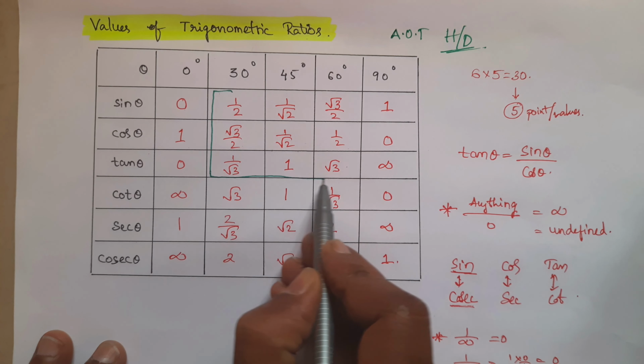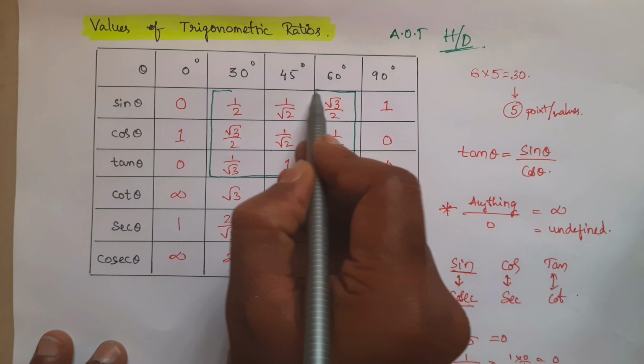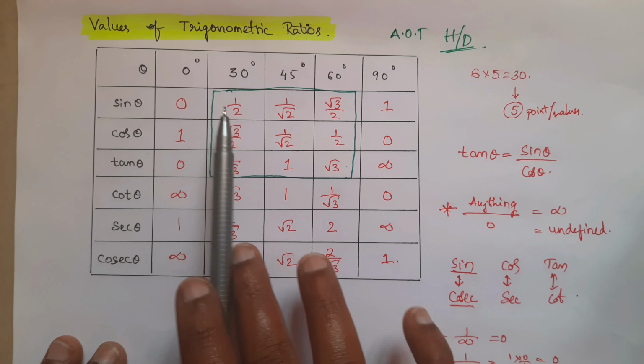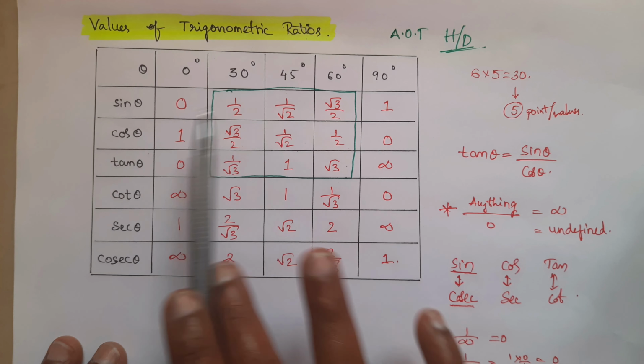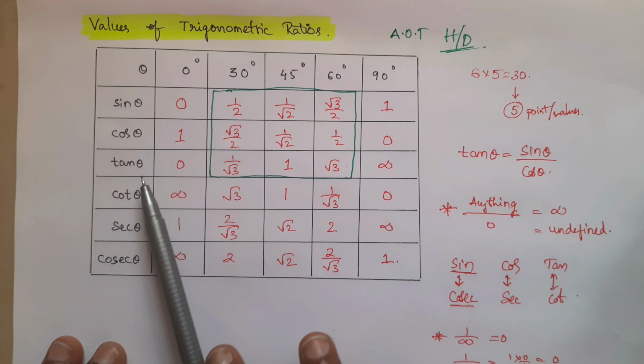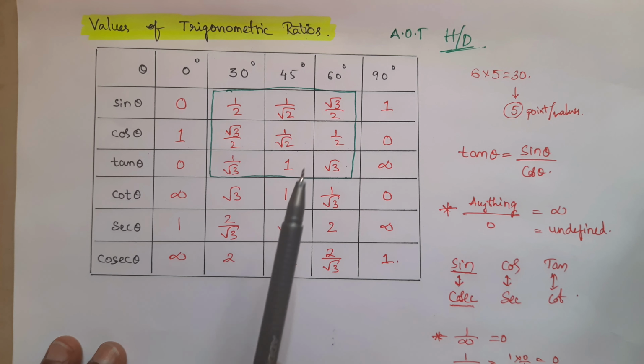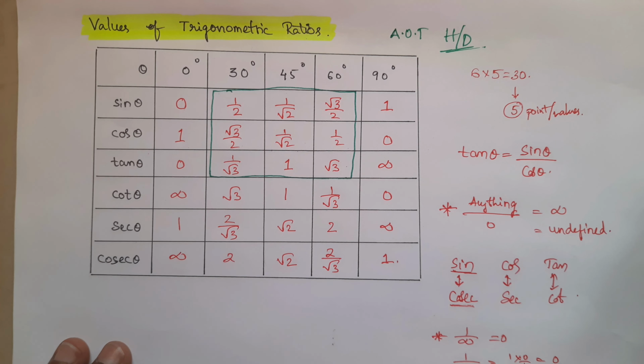So these are the values which are going to help you a lot in heights and distances, nothing but applications of trigonometry. So at least you remember this. Sin 30 means 1 by 2, sin 45 1 by root 2, sin 60 root 3 by 2. Similarly, tan is 1 by root 3, 1, root 3. So tan values are also playing a very important role in the coming exercises. Okay. So make a note of all this and remember.